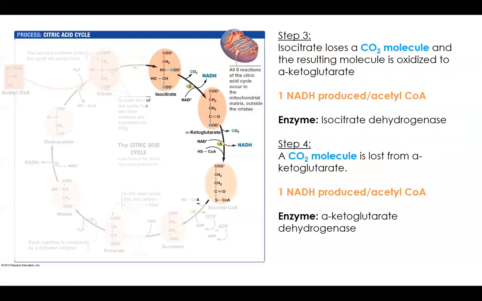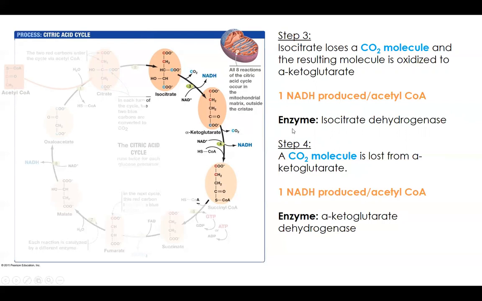I want to look at steps 3 and 4 together because we're going to see some similarities. Notice what's happening here. These blue carbons, check it out. This blue carbon is going to leave. It's fully oxidized. That is a CO2 molecule, 1 CO2 per glucose. We're also going to harvest those electrons, 1 NADH, 2 per glucose.